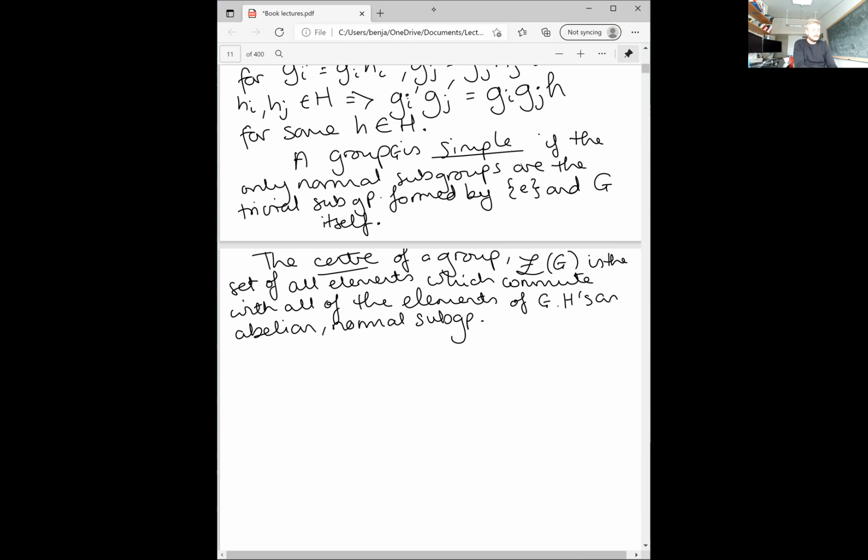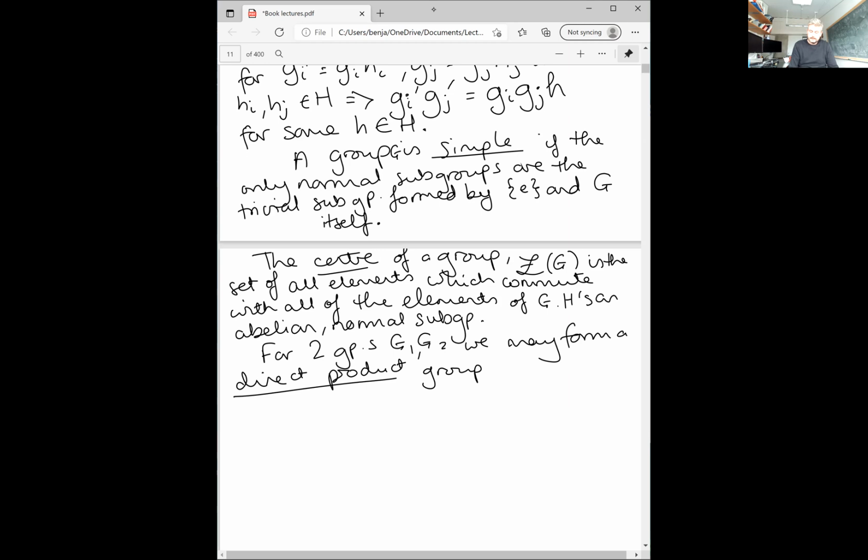So if we have two groups, we can form another group from these two, a kind of compound forming of it, and it's called the direct product. The two groups, G1 and G2, we may form a direct product group. So we write it G1 cross G2.